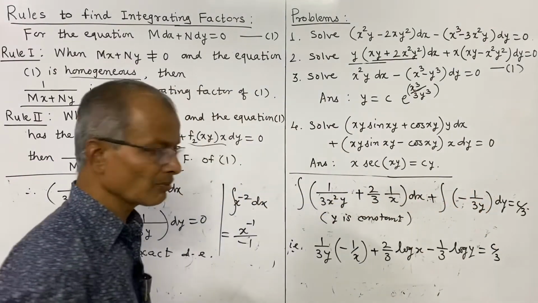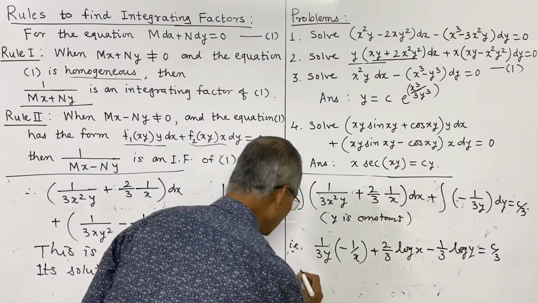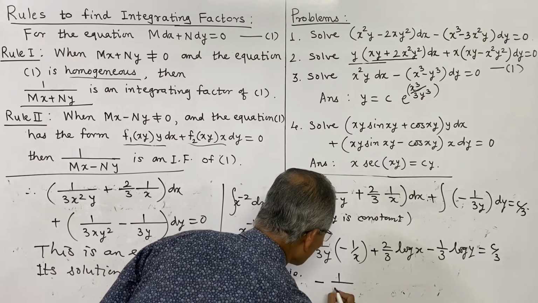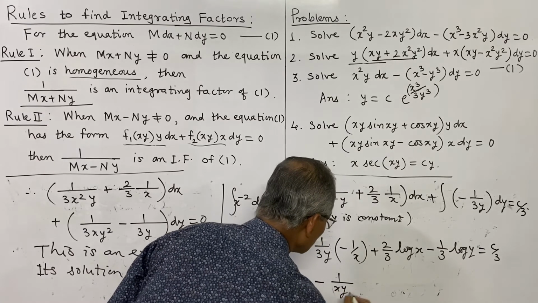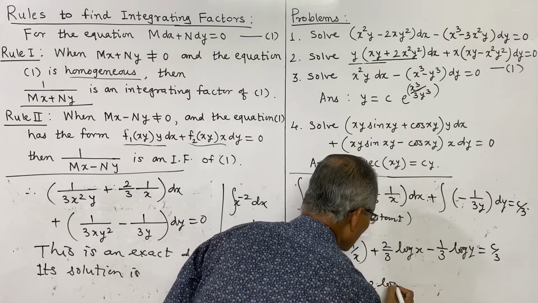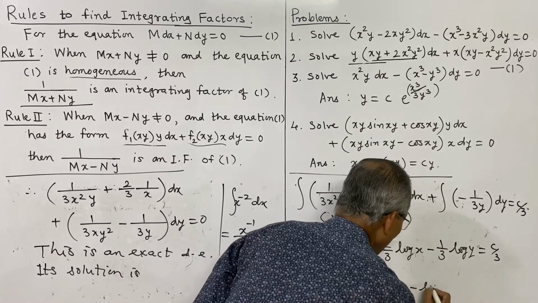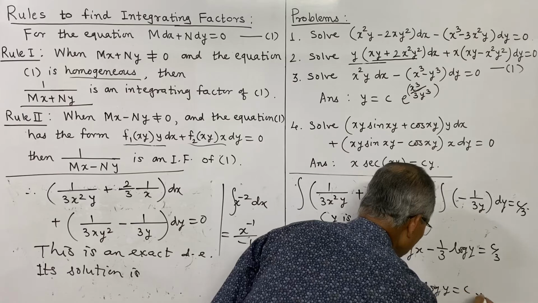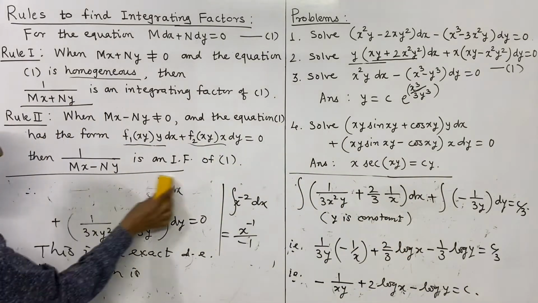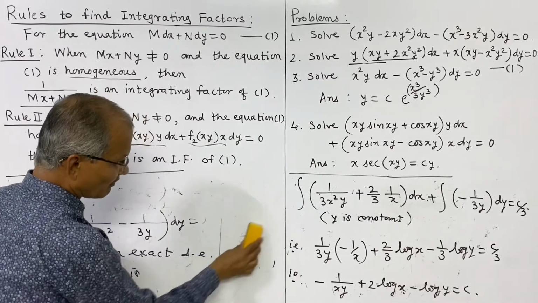Now multiply throughout by 3, we will get minus 1 upon x into y, plus 2 log x and minus log y is equal to c. So this is the solution, or the logarithmic term can be simplified using the law of logarithm.